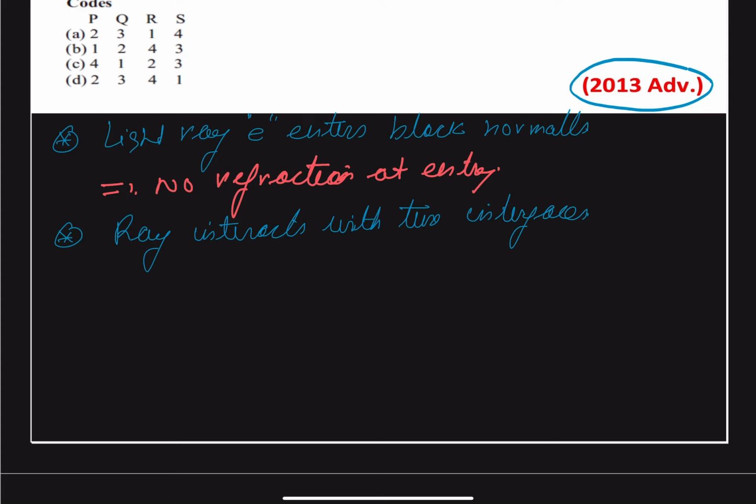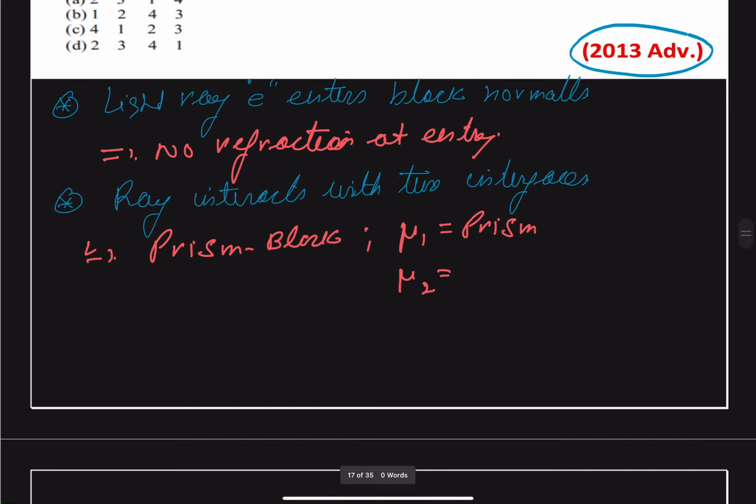The first interface is the prism block interface, where we have mu1 as the refractive index of the prism, and we have mu2 as the refractive index of the block.